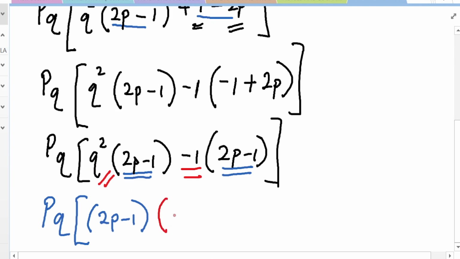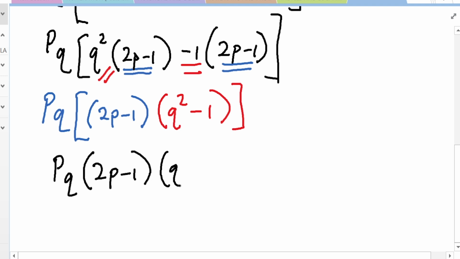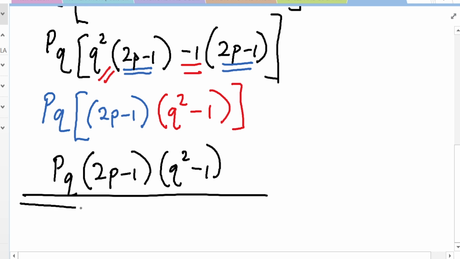So from there you can see that we have ended up with pq into 2p minus 1 into q squared minus 1. I think we can't go any further than that. Then we have factorized, and that's the answer for that.